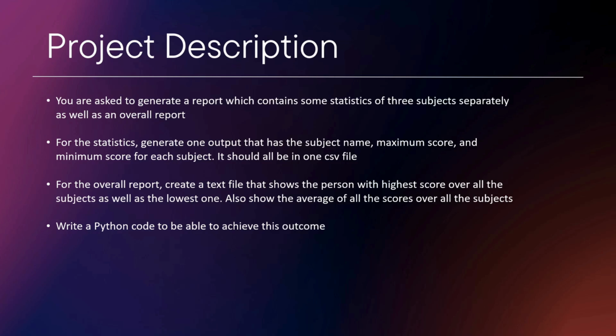So you could just write a sentence: this person has the highest score. Next line, this person has the lowest score, and then the average of all the scores of all the subjects. So this means the average of all the scores, math, science, history, for all the students. The first one, statistics, you will save as a CSV file, and the second one you will save as a text file. And that is all.